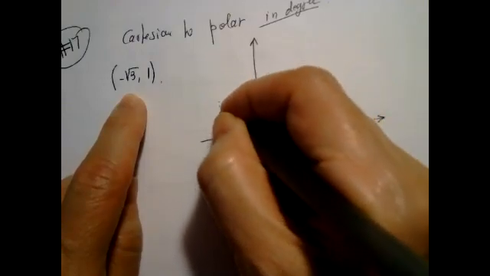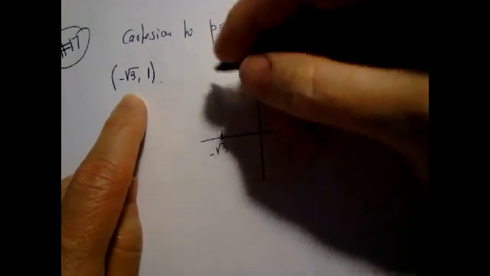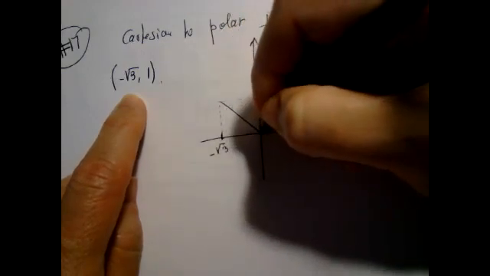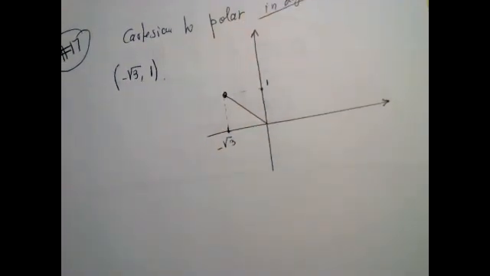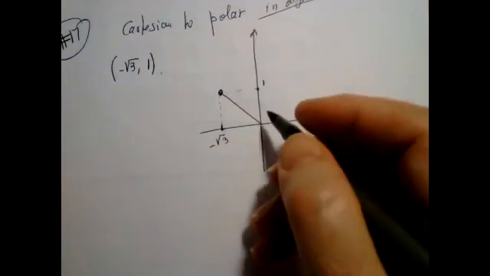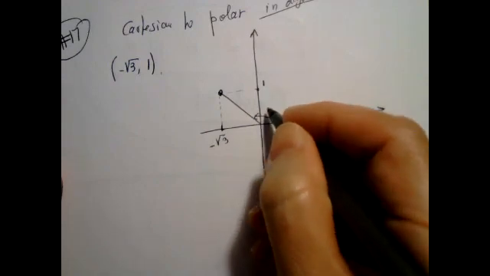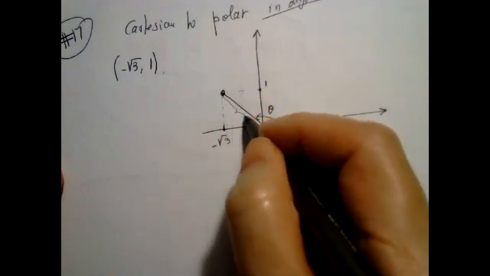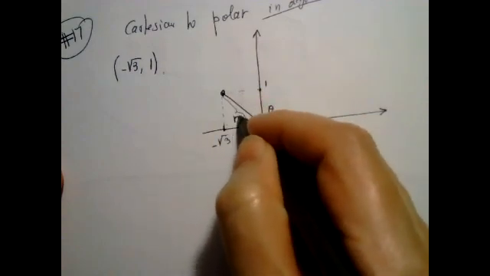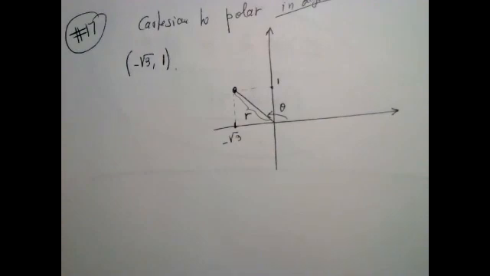So that's really my point right here. Okay, that's the point. And I need to find the r and the theta. So now I need to find this angle, and I need to find r, which goes from here to here. So these are the polar coordinates.